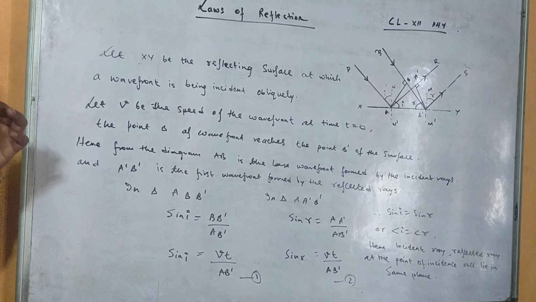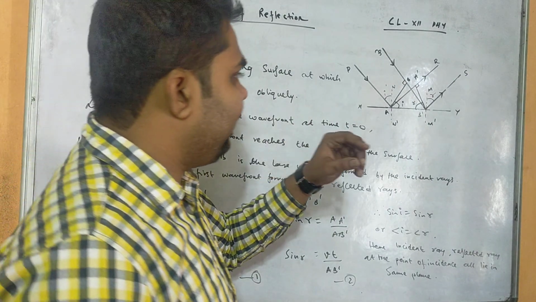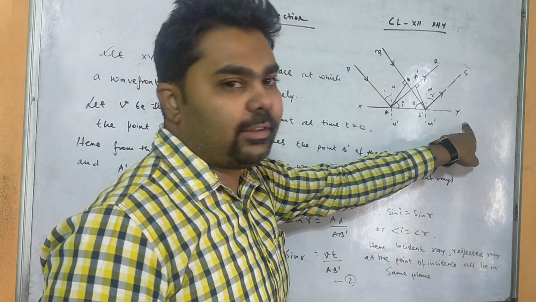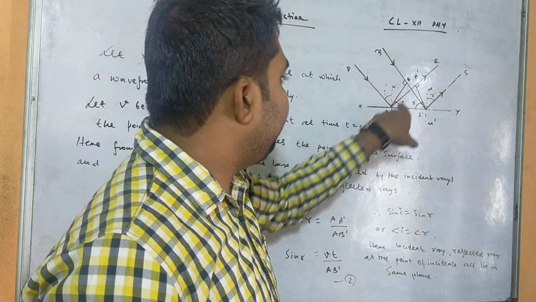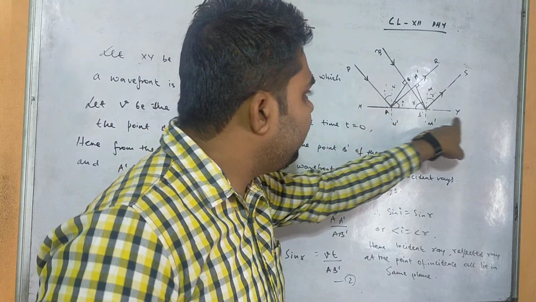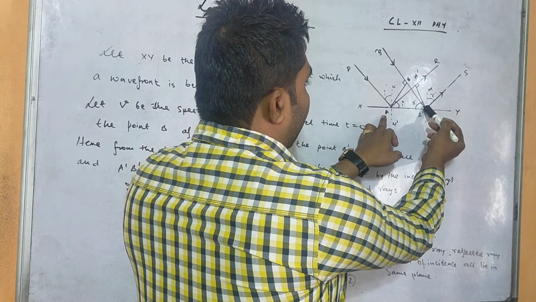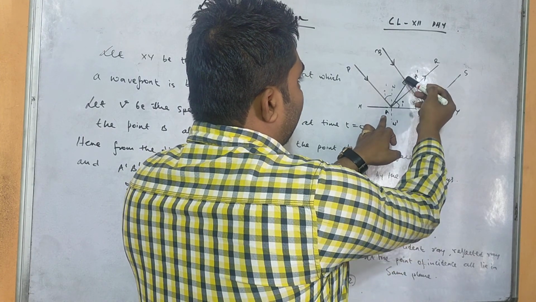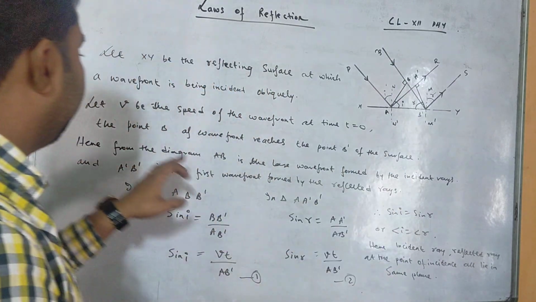What I have written here: let XY be the reflecting surface at which a wavefront is incident obliquely. This is the reflecting surface, and the wavefront is drawn on this plane surface. The origin is the same, and it is the last wavefront of the incident ray, and this is the first wavefront of the reflected ray.